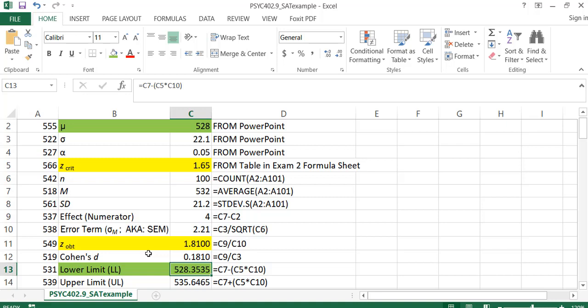So this would suggest that our sample is significantly different from the population, and if we got a new sample, then we would still find that WT students are performing better, because even if their score was lower, it probably wouldn't be below 528.3535. So those types of things can be useful, and we'll talk more about the confidence intervals conceptually in the video for the t-test.